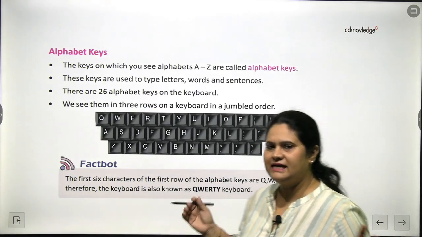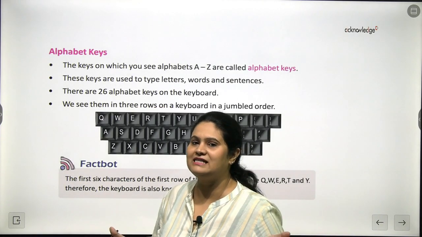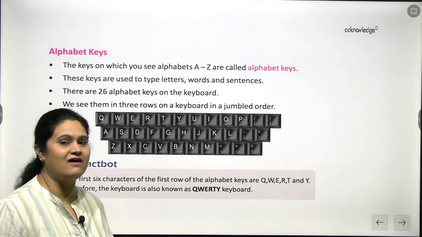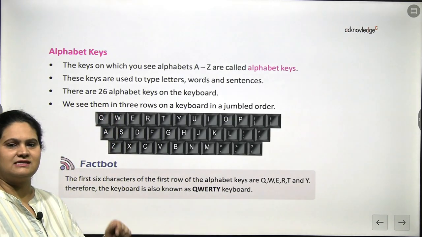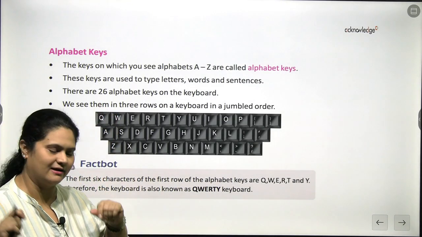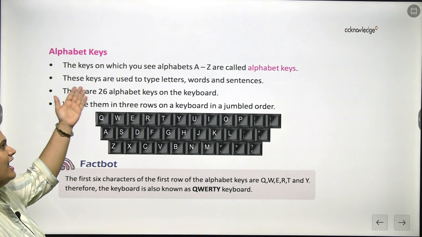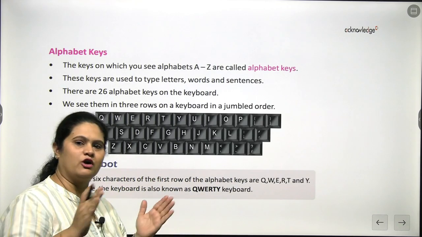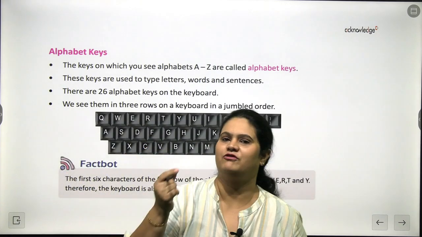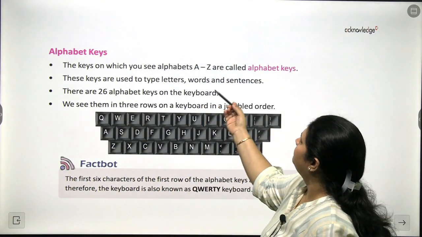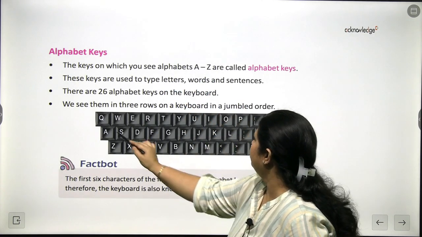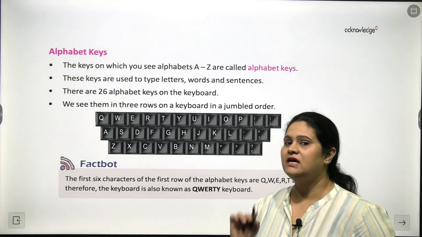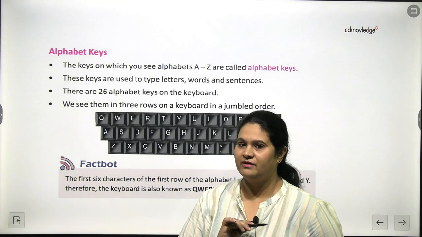Now, quickly tell me, how many alphabets do we have in our English? Correct. We have 26 alphabets from A to Z. So, similarly, we have 26 alphabet keys, each corresponding to the alphabet, right? Now, these keys which you see are called alphabet keys, and there are 26 of them, right?